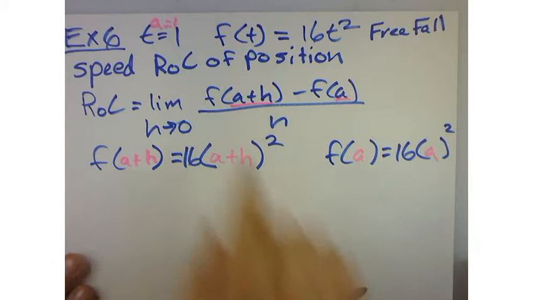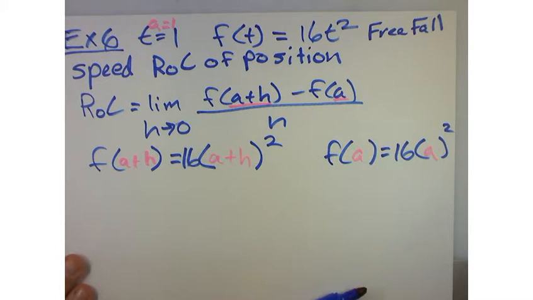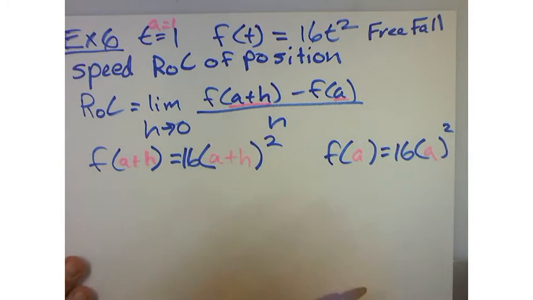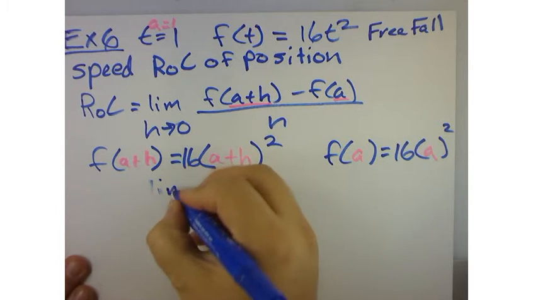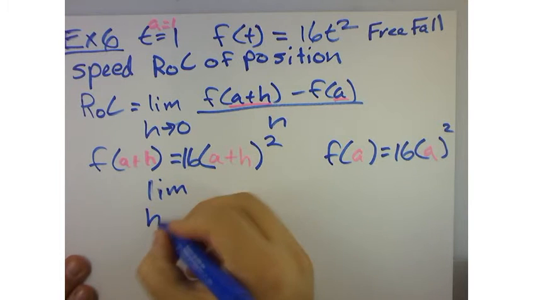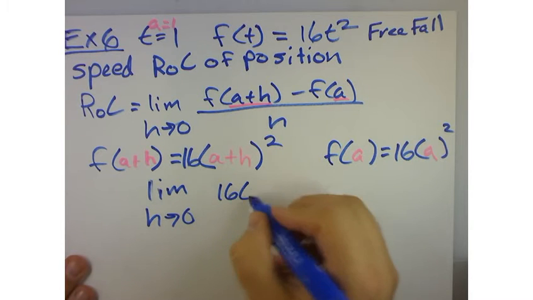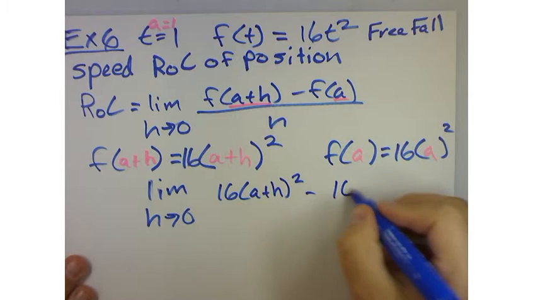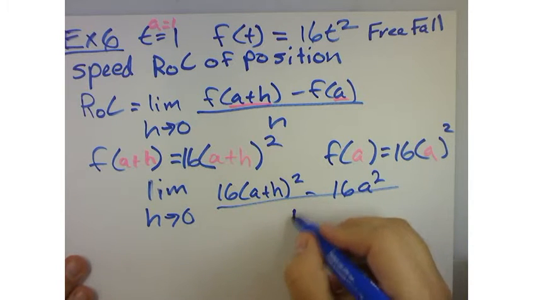So now before I can plug the stuff in, I have some composite functions that I need to take care of. Because I need to know the limit of f of a plus h minus f of a all over h. So what we end up with is the limit as h approaches 0 of 16 times the quantity a plus h squared minus 16a squared all over h. Plus or minus 16a squared?